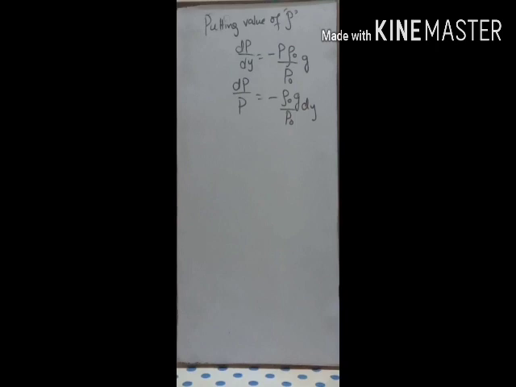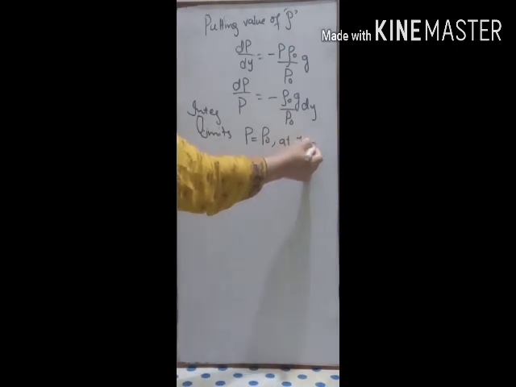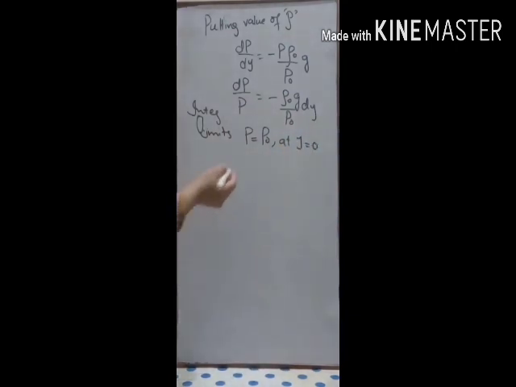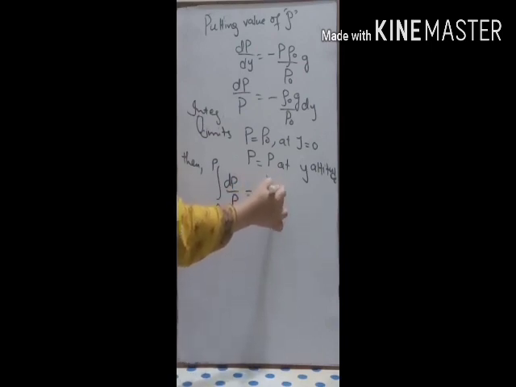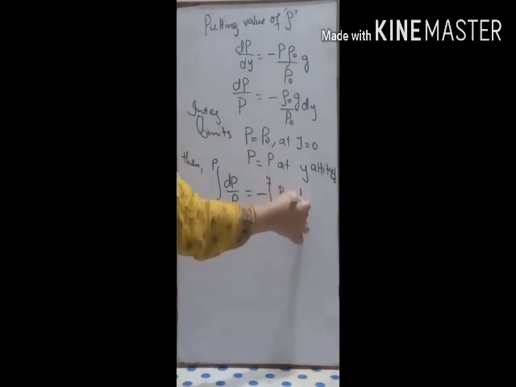Integrating this equation by applying the limits, P is equal to P naught at y is equal to 0 and P is equal to P at y altitude, then the integral from P naught to P of dP over P is equal to minus the integral from 0 to y of rho naught over P naught G dy.